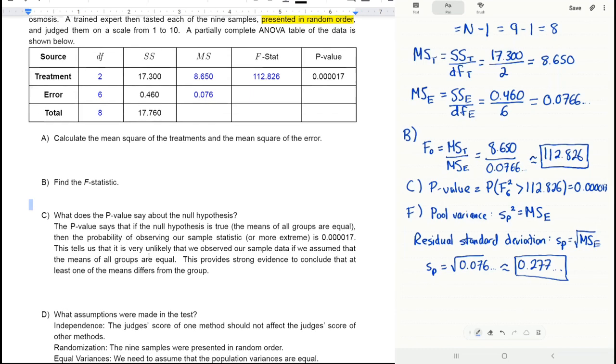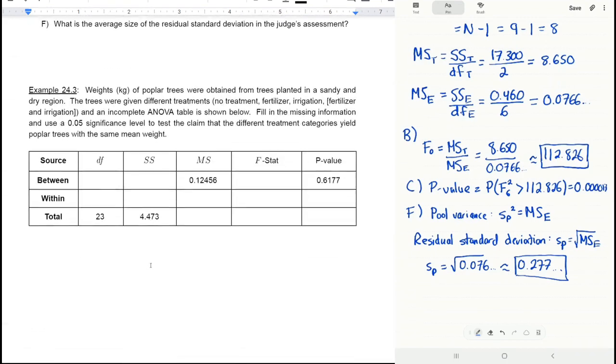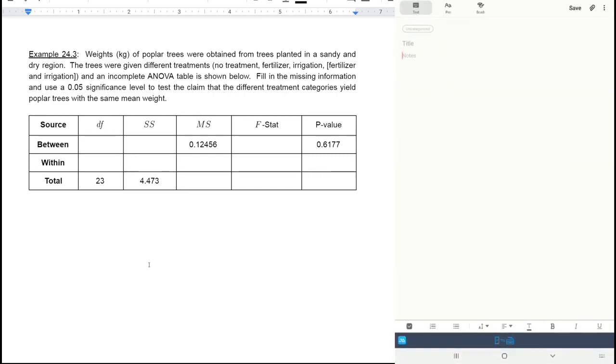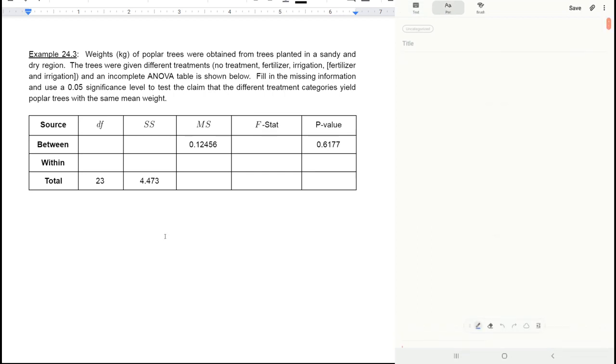Okay, so now let's have a look at another example. Here we have the weights of poplar trees that were obtained from trees planted in a sandy and dry region. The trees were given different treatments.